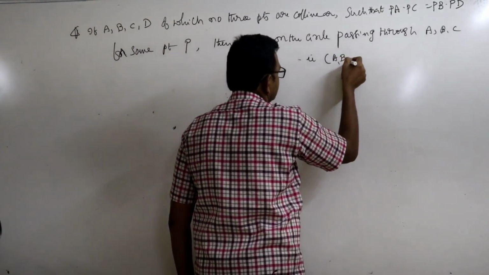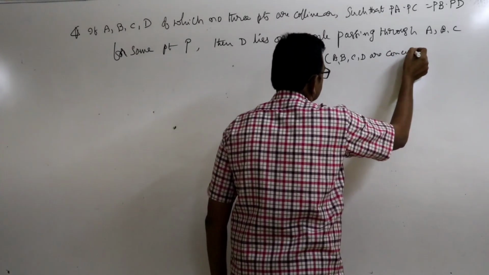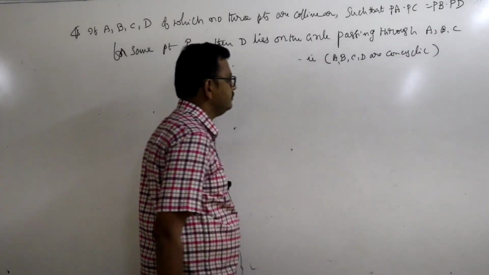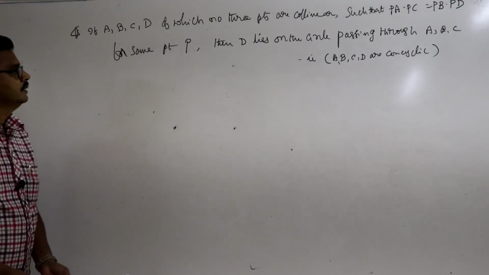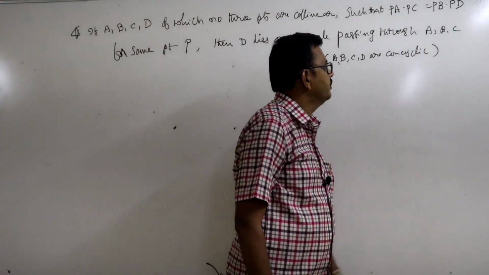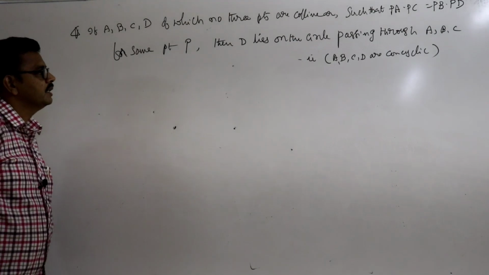A, B, C, D are concyclic. D lies on the circle passing through the points A, B, C. That is, A, B, C, D are concyclic points.